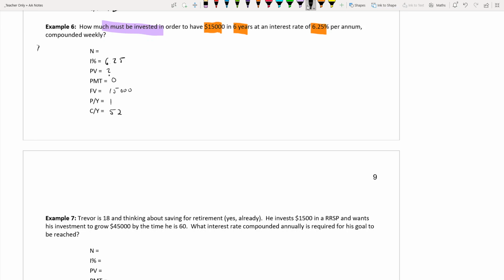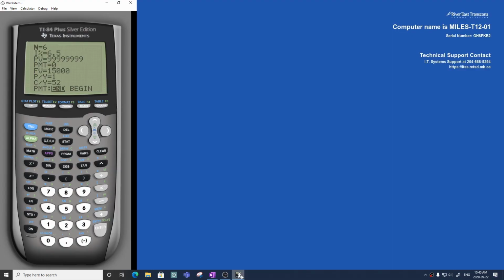Now keep in mind, N is P, payments per year, times years. So since it's automatically 1, the amount of years is 6. 1 times 6 is 6. So let us calculate this in our calculator to see what that looks like. So really, this is what I would like to calculate.